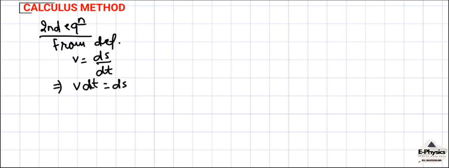Now we can also write it as ds is equal to, from the first equation of motion, students, we know that v is equal to u plus a t. So we can replace v with u plus a t, multiplied by dt. Clear?